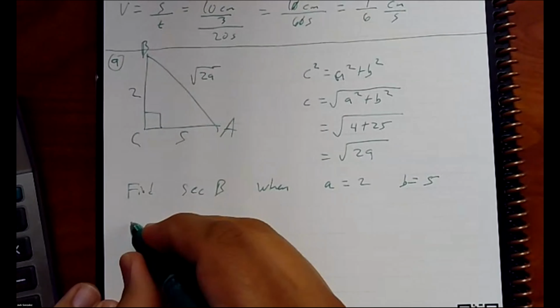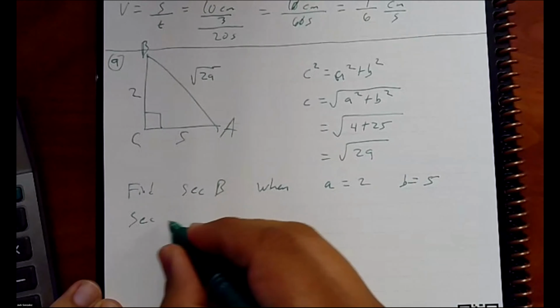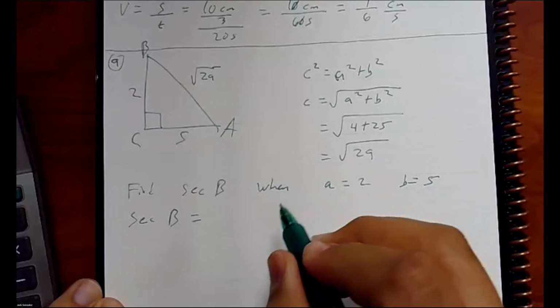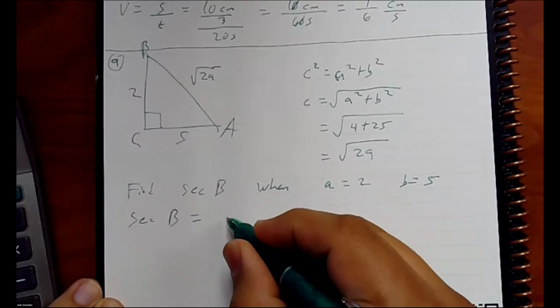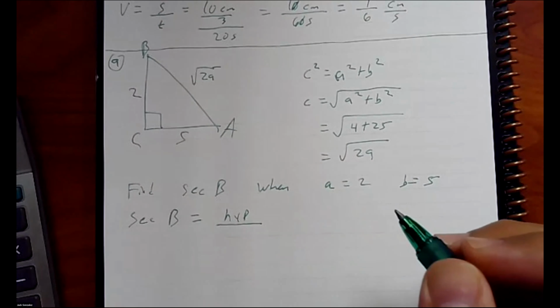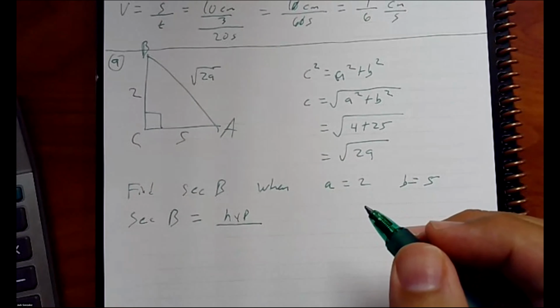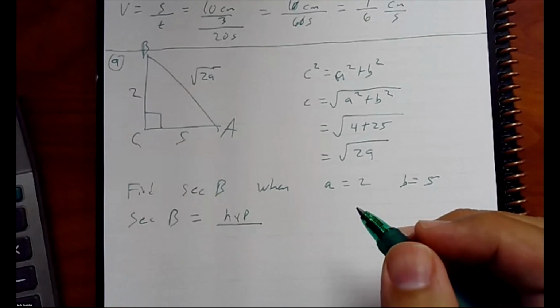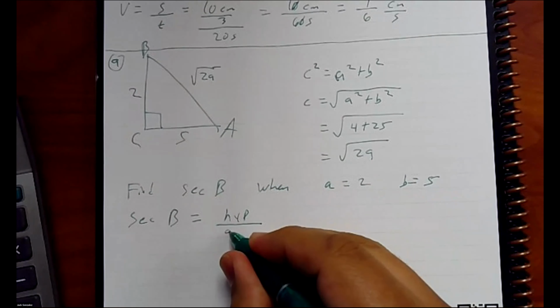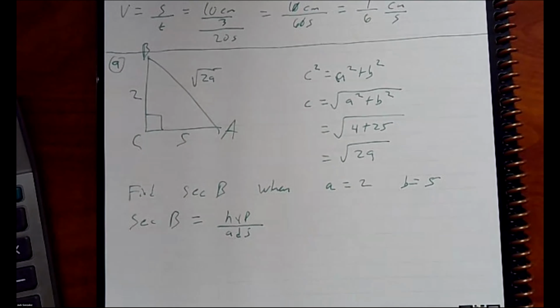So secant is equal to hypotenuse over, what is secant? Is it adjacent?